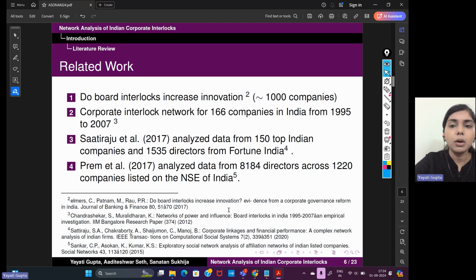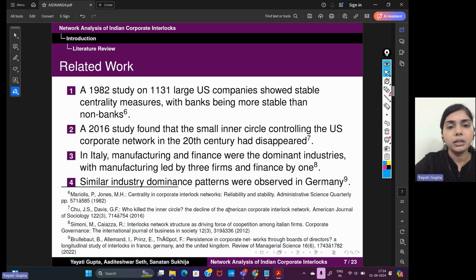Talking about the international level, as I told, such networks have been studied for the major economies with some very interesting results. As an example, for the US corporate network, it was shown that in the 19th century, there was a core of the network, a small inner circle that was responsible for controlling the network, which actually vanished in the 20th century.